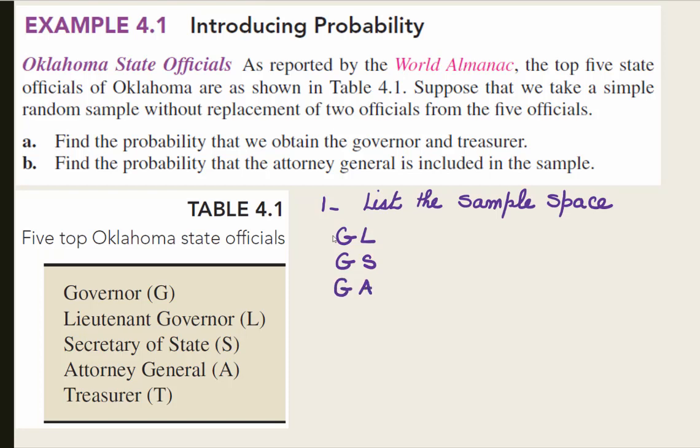We have the governor, lieutenant governor; governor, secretary of state; governor, attorney general; governor, treasurer; lieutenant, secretary of state; lieutenant, attorney general; lieutenant, treasurer; and then SA, ST, then what else?